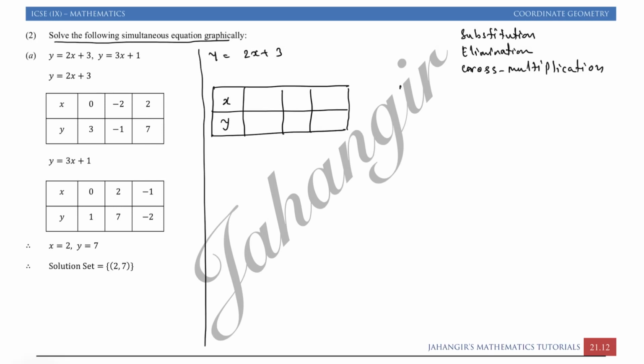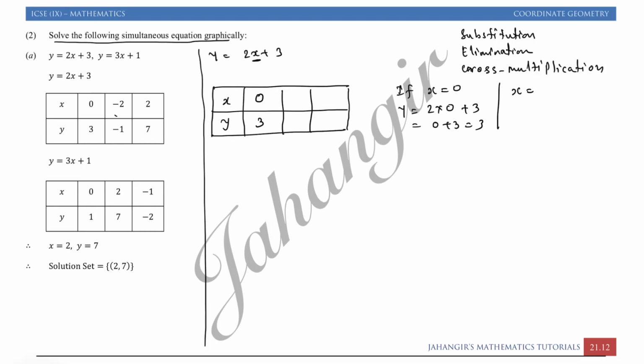In the coordinate table we can take any value of x and find its corresponding y value. So let us say if x is equal to 0, as I told, we can first take 0. So y is equal to 2 into 0, we're just putting the x value over here, plus 3. So 2 into 0 is 0 plus 3, which is 3. So if x is 0, y is 3. Second value, you can take any value of x.